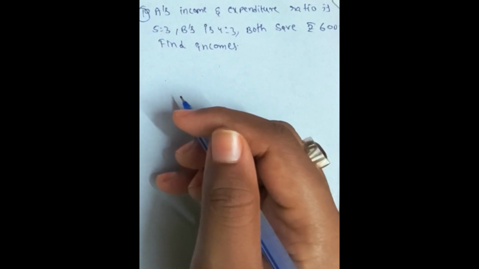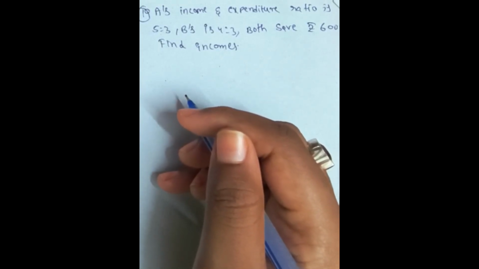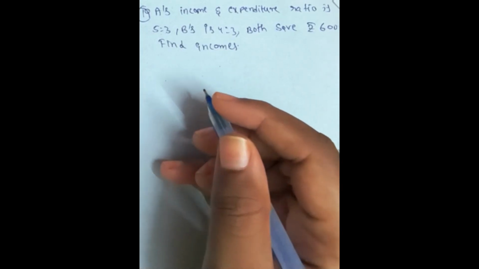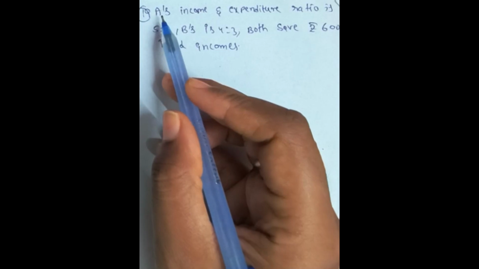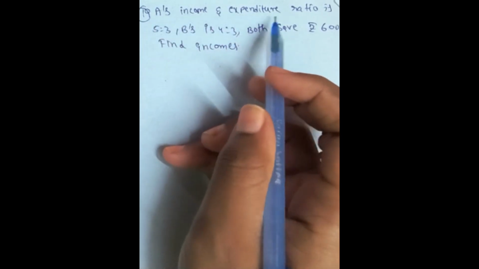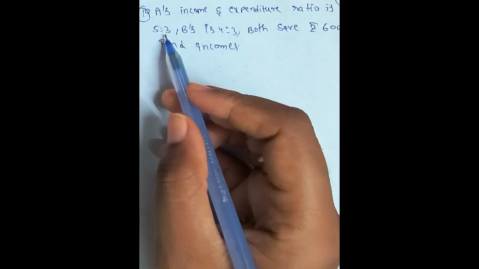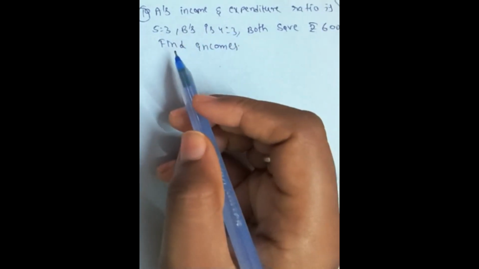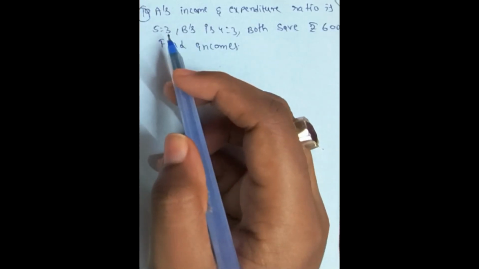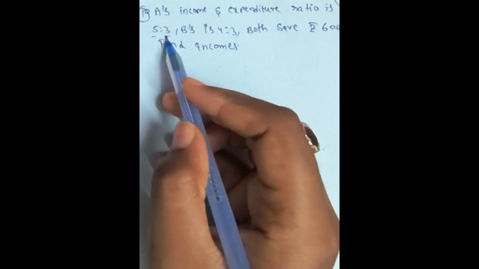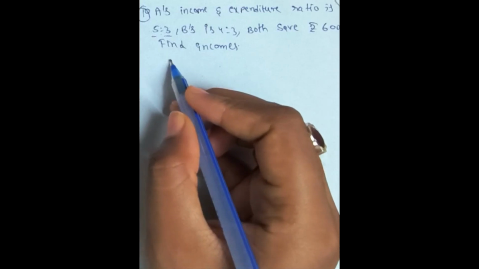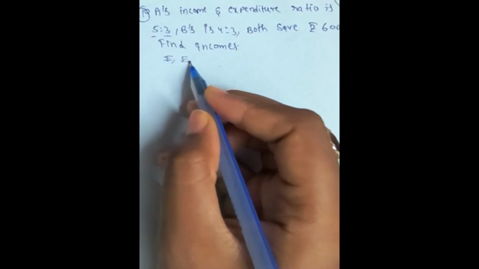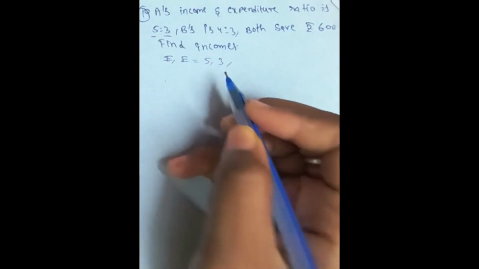And model 10 is ratio in salary, expense or savings. Income and expenditure ratios are given. Find the savings ratio. Here we have an example. A's income and expenditure ratio is 5:3. B's is 4:3. Both save rupees 600. Find their incomes. So now we have the income part and expenditure part for A. So income, expenditure is equal to 5, 3 parts.